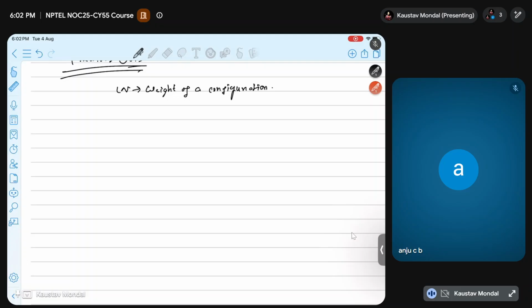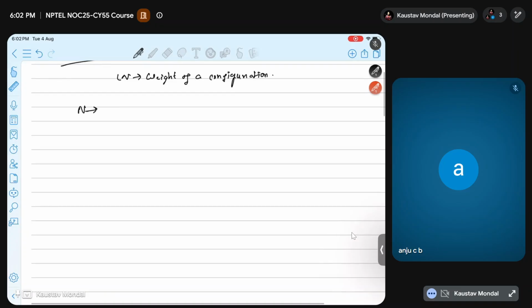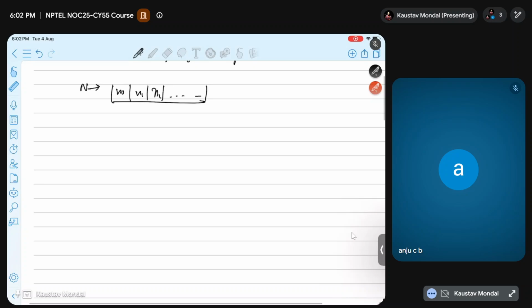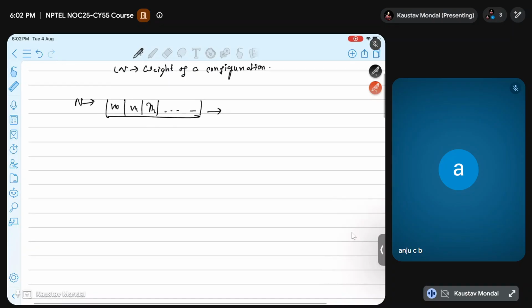If you have N particles and you distribute these particles in different boxes, where each box has n0 particles, n1 particles, n2 particles, and so on, and these are classical, distinguishable particles, then the number of such possible arrangements is given by the weight of the distribution.